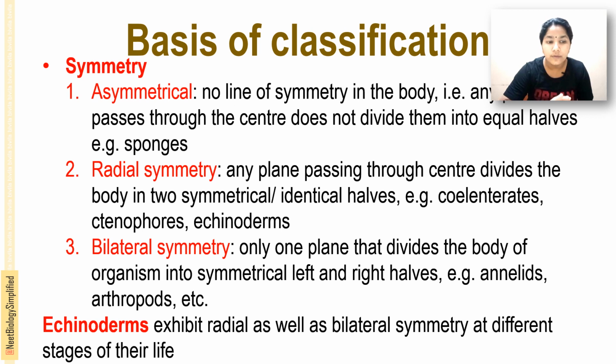In the case of radial symmetry, any plane passing through the center divides the body of these organisms into two symmetrical, that is, identical halves.